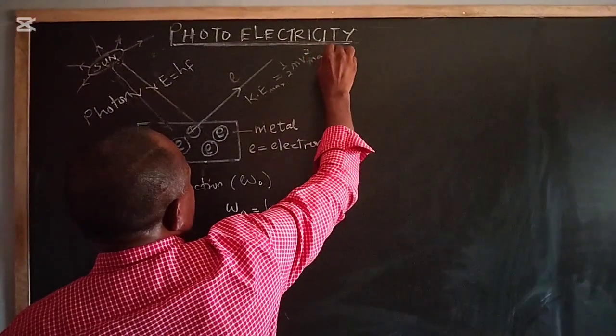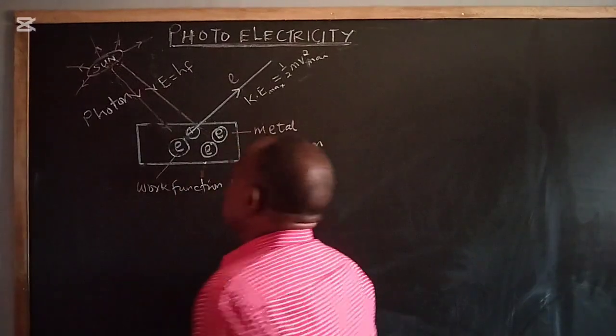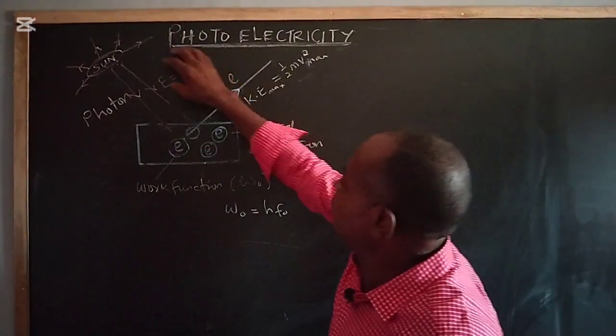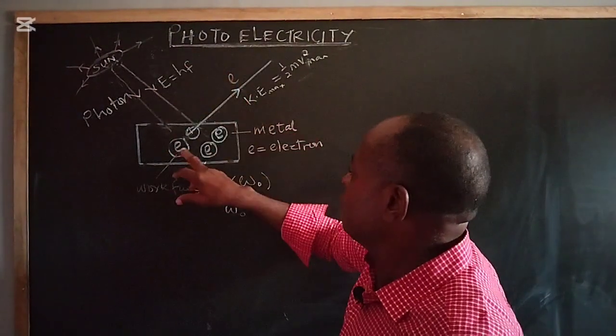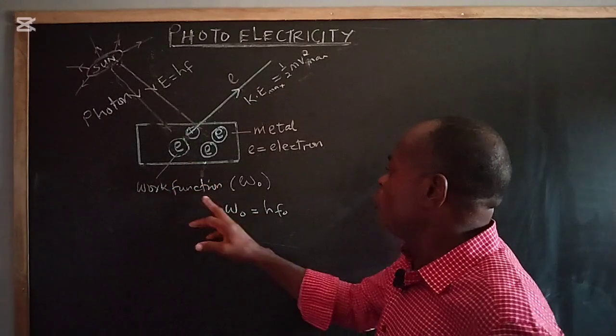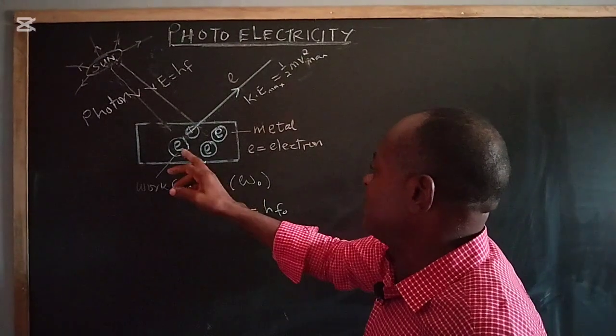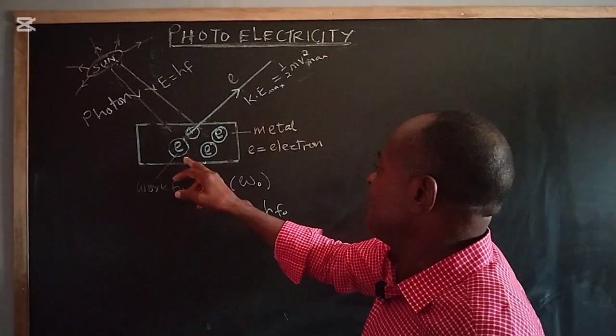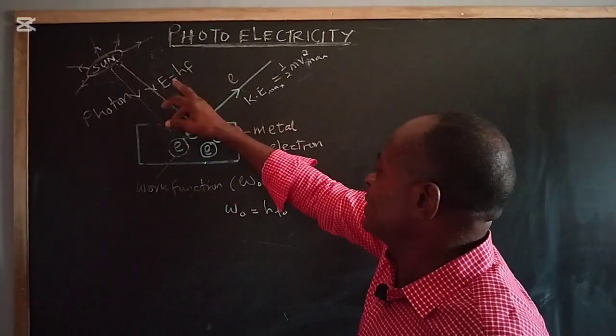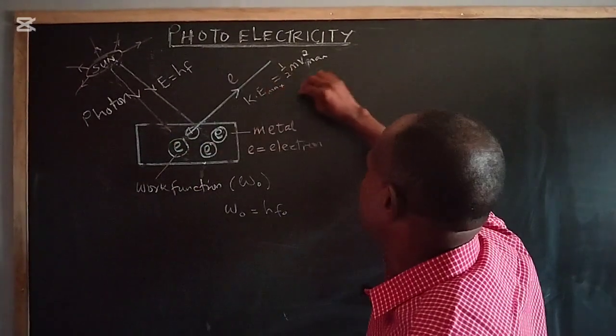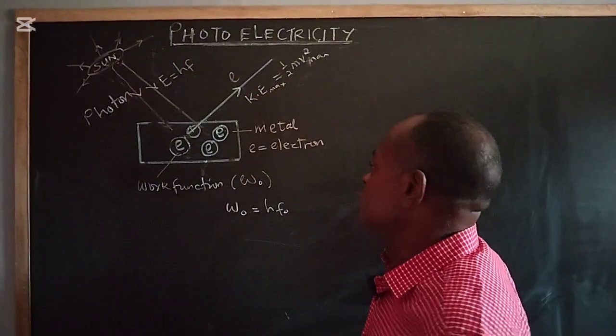So when the velocity is maximum, these are the different energy cases. The total energy from here, part of it is used to overcome this work function, which is the energy that keeps the electron inside the hole. And then the rest of the energy of radiation is converted to kinetic energy of the electron.